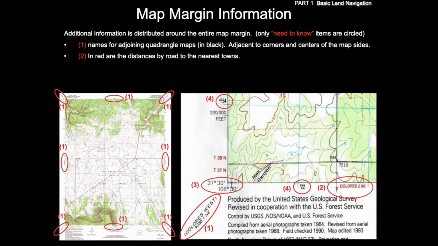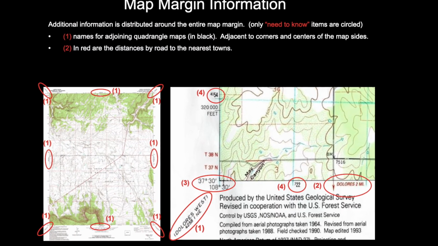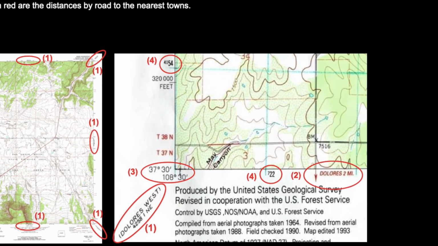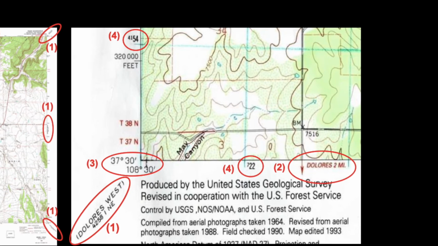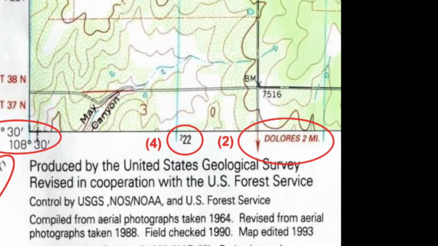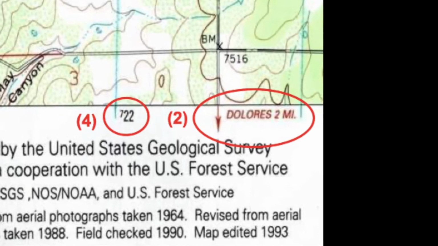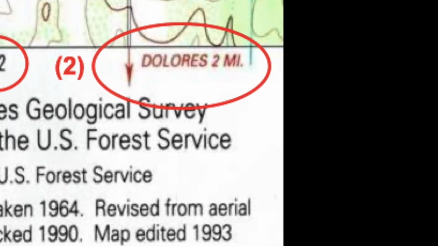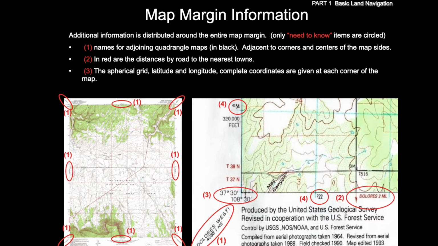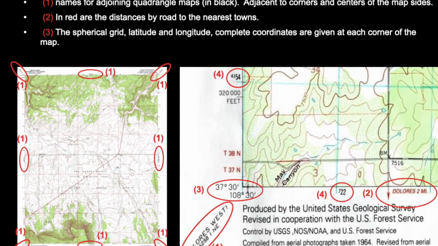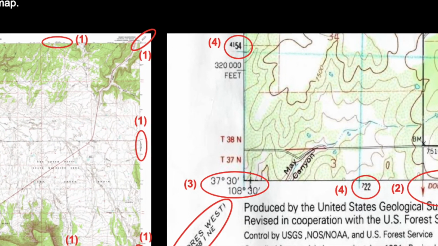Number 2, in red, are the distances by road to the nearest towns. You get a couple spots down there. In this example, down at the bottom, it says Dolores, the town or city, is 2 miles by road south. So helpful. Next item, number 3, is the spherical grid, latitude and longitude. Complete coordinates are given at each corner of the map.